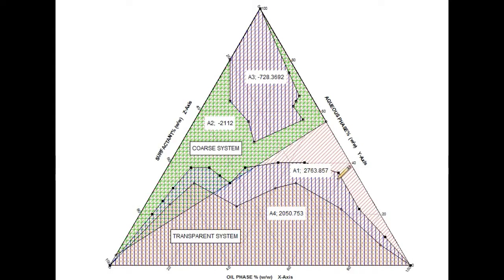Different regions can be mentioned here: this one is a green area representing the coarse region, or these two different shaded regions, and this is the transparent region. You can also plot heterogeneous systems, bicontinuous systems, or monophase, depending upon your requirements.